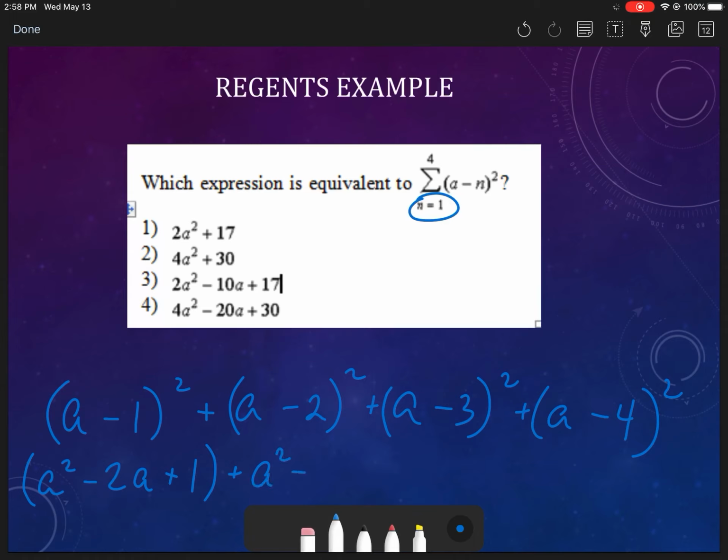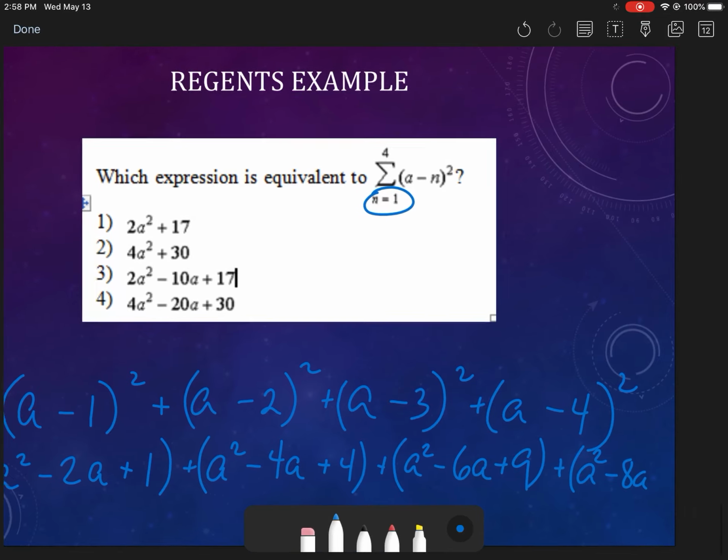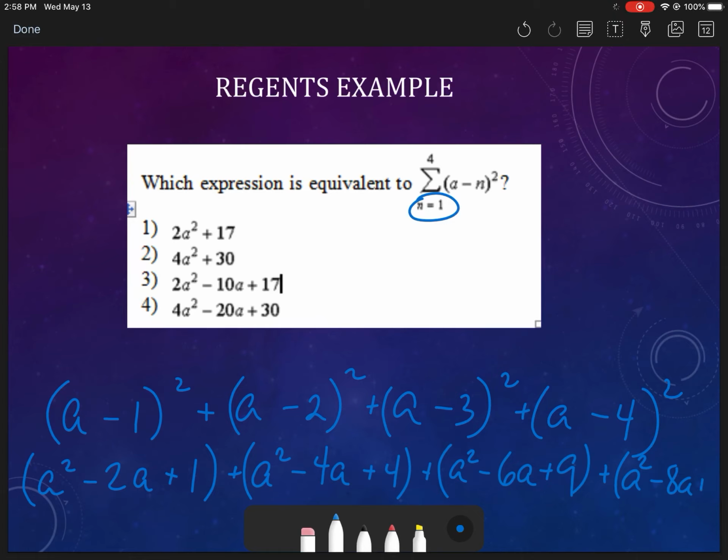This is going to be a squared minus 4a plus 4 plus a squared minus 6a plus 9 plus a squared minus 8a plus 16. Okay, and then we're going to add that all up.